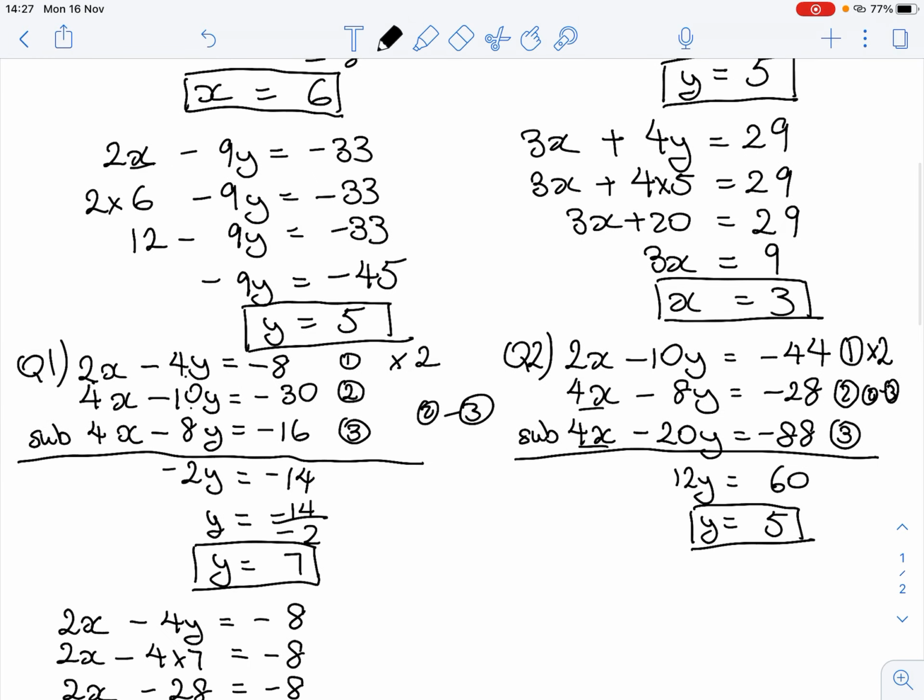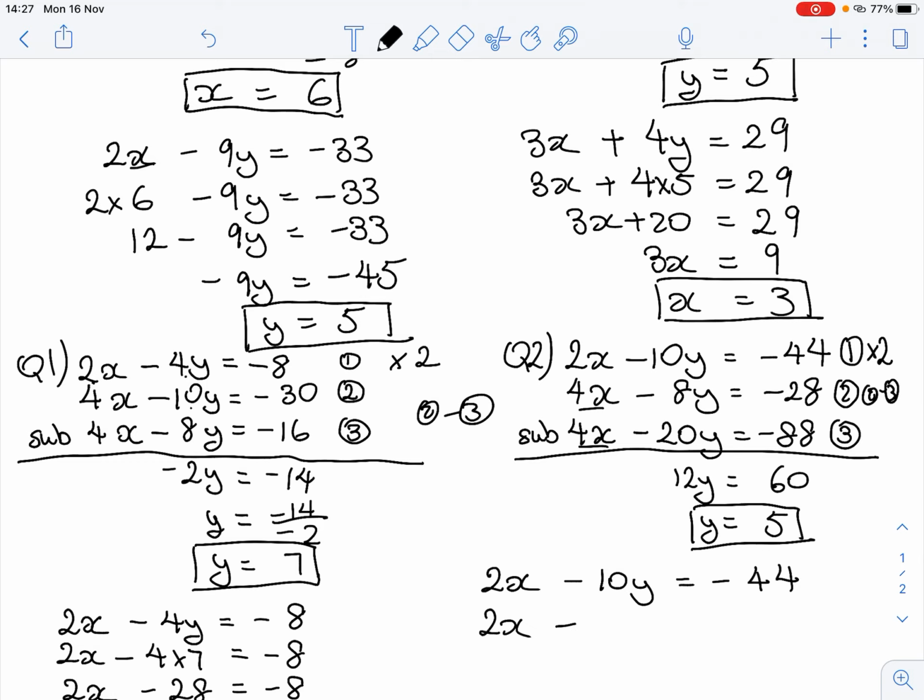Again, we need one value for y and one value for x. So we're going to pick equation 1 or equation 2. Let's do equation 1: 2x minus 10y equals minus 44.